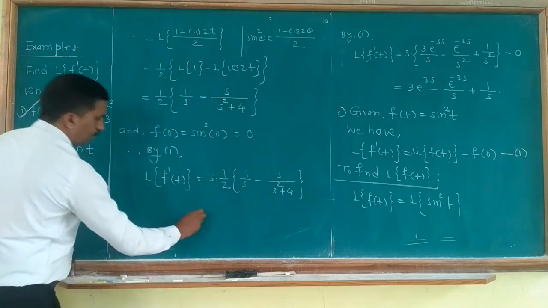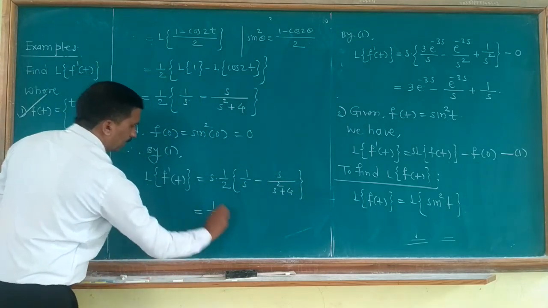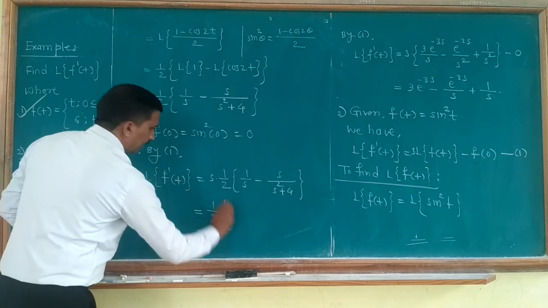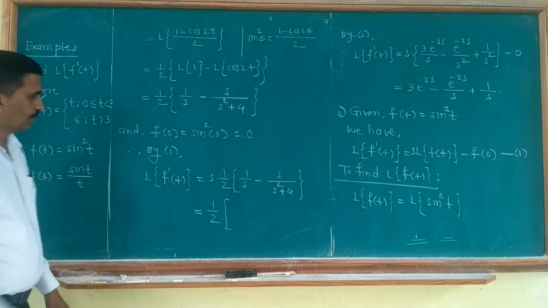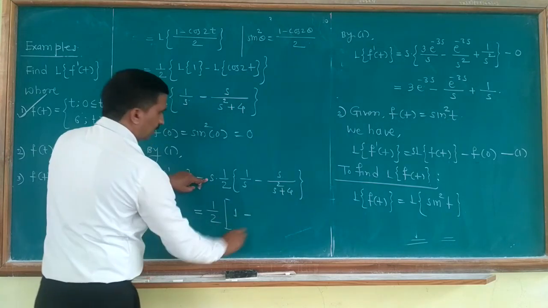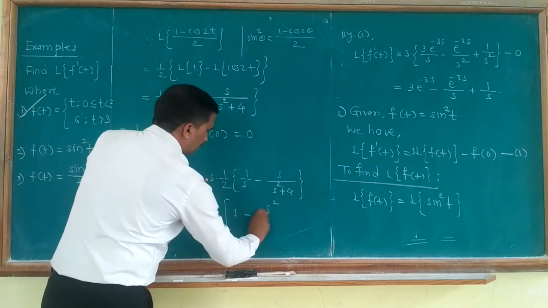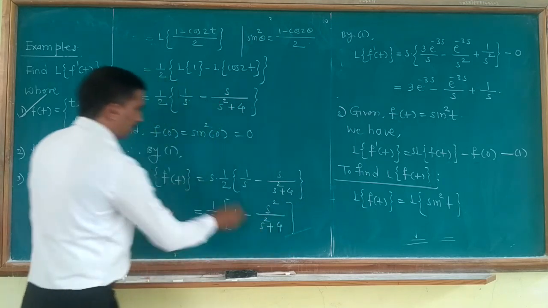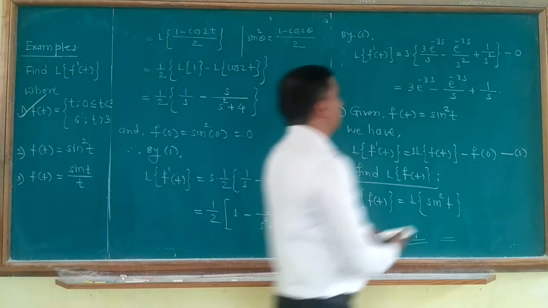Now just try to simplify this, so keep this 1 by 2 as it is and take s inside the bracket. So if you take it inside the bracket, here you will get 1 minus s square divided by s square plus 4. And simplifying this, we get the required answer.